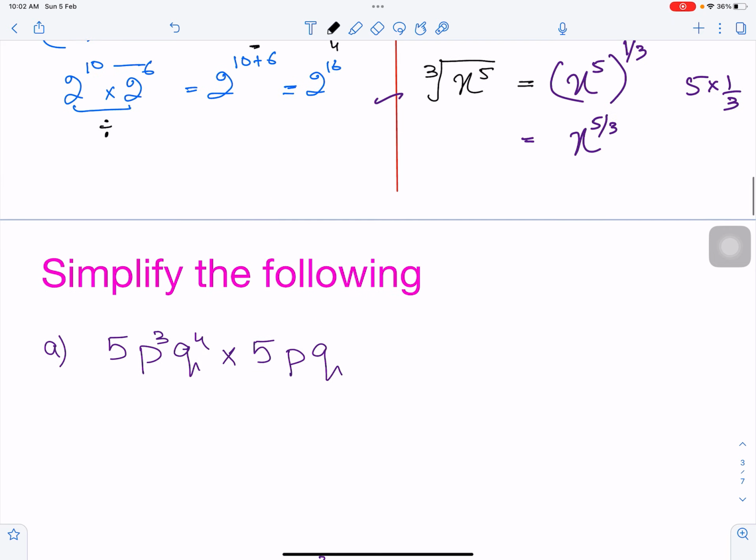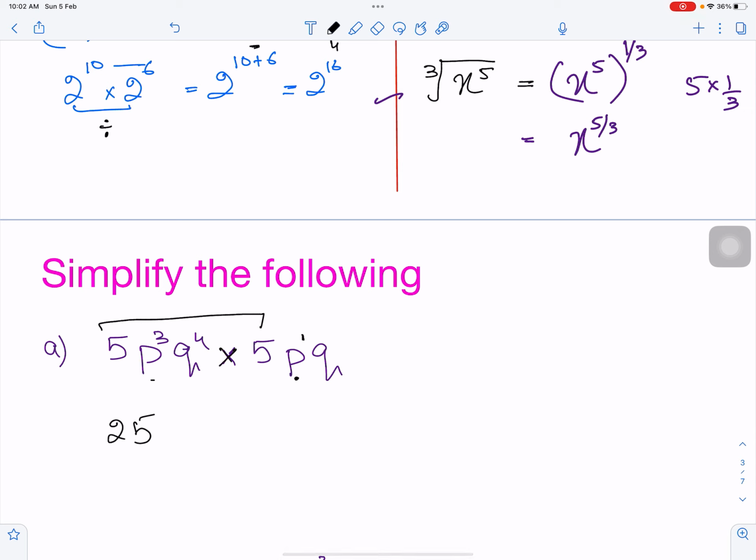So let's see, these examples I was giving you with the help of laws so that you can remember the laws. Now let's see, we have to simplify this question. By the way, common mistake, do not write equals to something on your own. This is a simple expression, a term. So all are multiplying. So I will multiply 5 by 5. 5 5s are 25. Now if you see this p has power 3, this p has no power, it means it is 1.